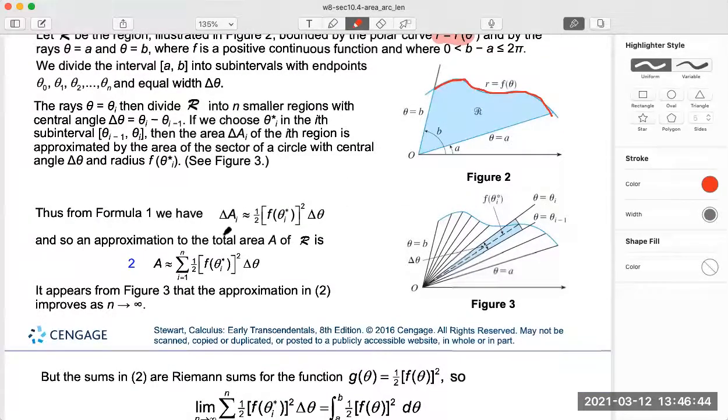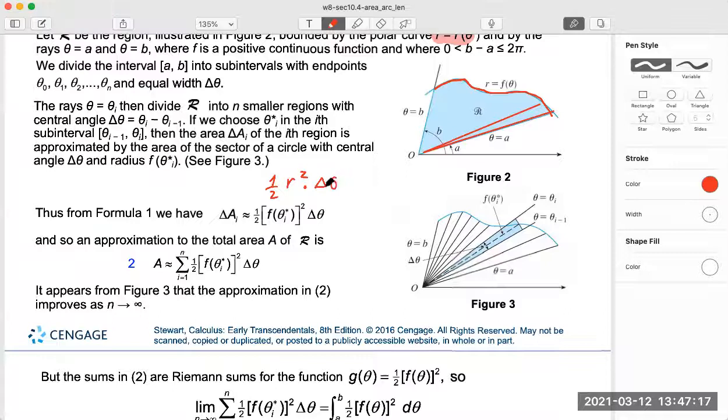to say that the delta A, which is the change in the area, of this guy and this guy here will follow the area formula above, which is 1/2 of the radius squared times the angle theta.